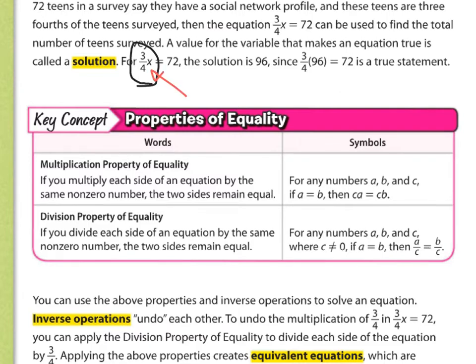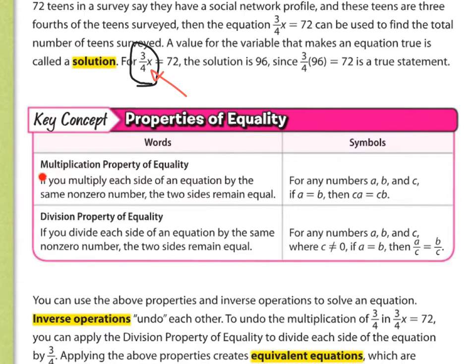So you see, between this coefficient, 3/4, and the variable x, we have the operation multiplication. You always have to use the opposite in order to get rid of the coefficient and isolate the variable. And whatever you do to one side of the equation, you must do to the other side of the equation.